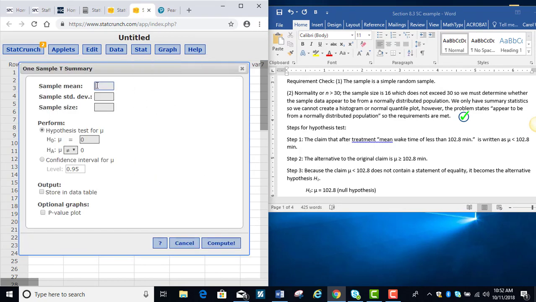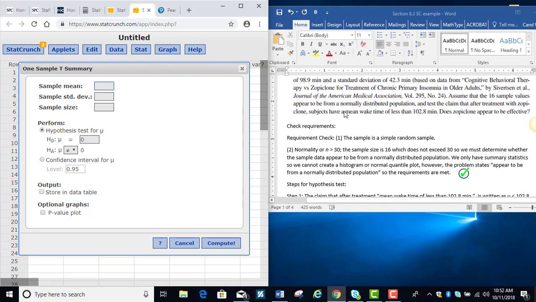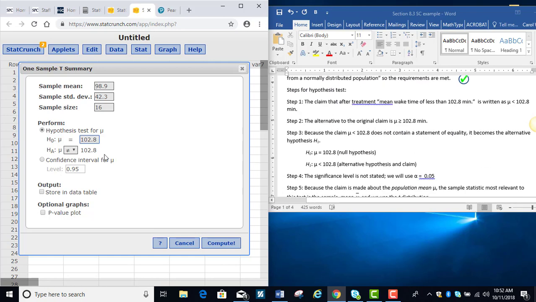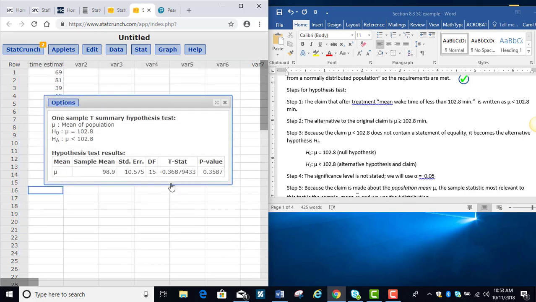I have summary data, and my sample mean, if I scroll back up here from my sample, was 98.9, sample standard deviation 42.3, and the sample size was 16, and my null hypothesis is that the mean equals 102.8, and the alternative is going to be less than, and compute. So my t-statistic is negative 0.3688 with a p-value of 0.35.